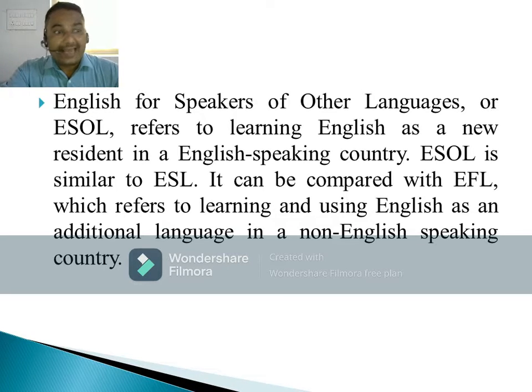So ESOL is similar to ESL. It can be compared with EFL, which refers to learning and using English as an additional language in a non-English speaking country.